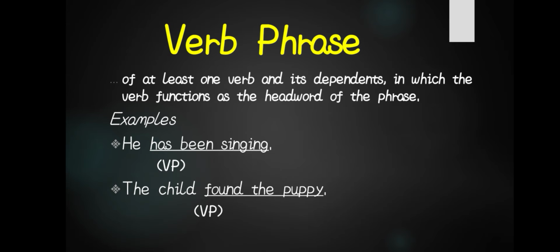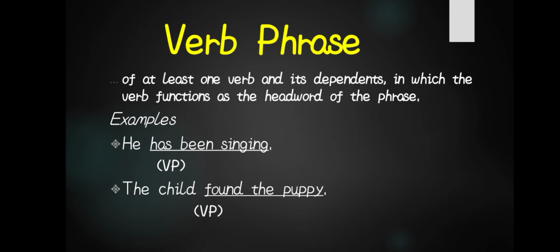Second example, the child found the puppy. So we have found the puppy. Ang found diha, that is the main verb, and the whole is the verb phrase. Now, I want you also to remember nga pwede natong tawagon, actually, ang the puppy, that is a noun phrase. So, duha siya.